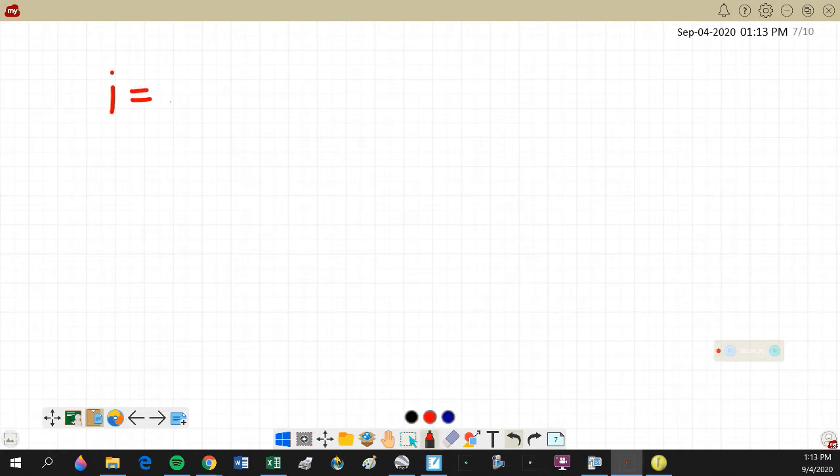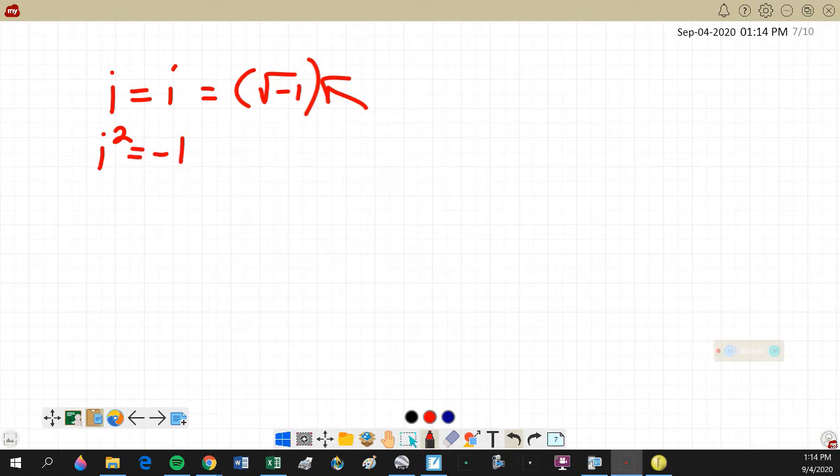I equals I, which is also known as the square root of negative 1. So I squared would be this to the second, which is negative 1. And then negative I to the third. How would you get I to the third?